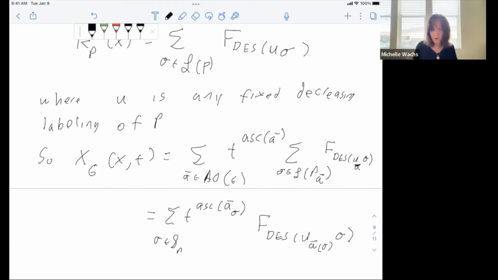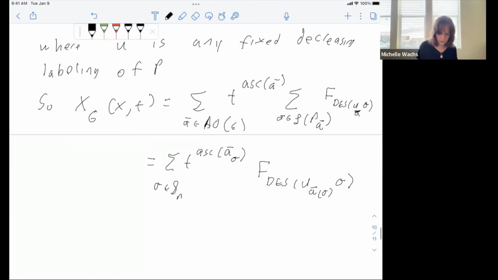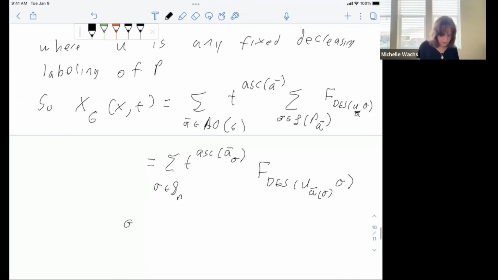Now that's the acyclic orientation determined by the permutation. The permutation determines an acyclic orientation, and that's what A-bar of sigma is. It determines one for which this has to be true.